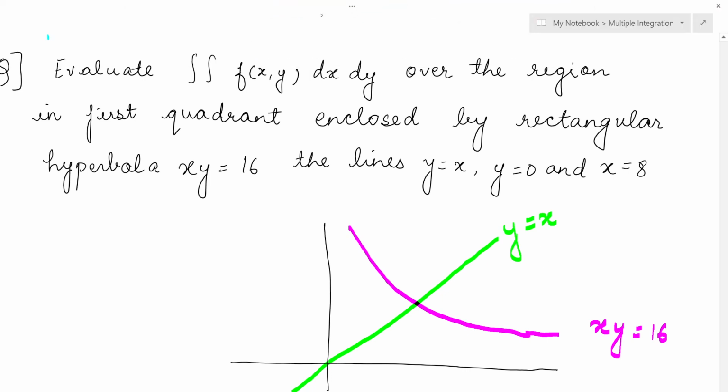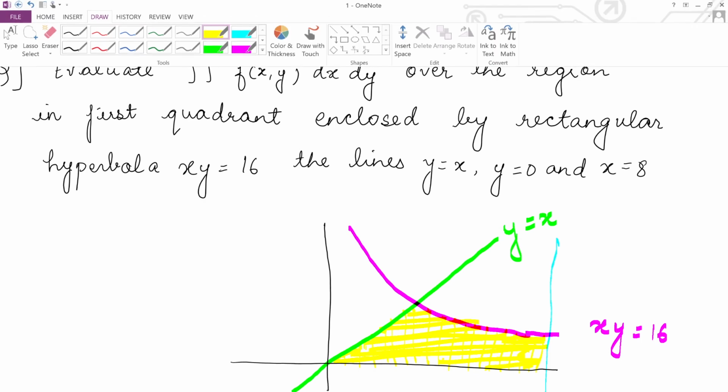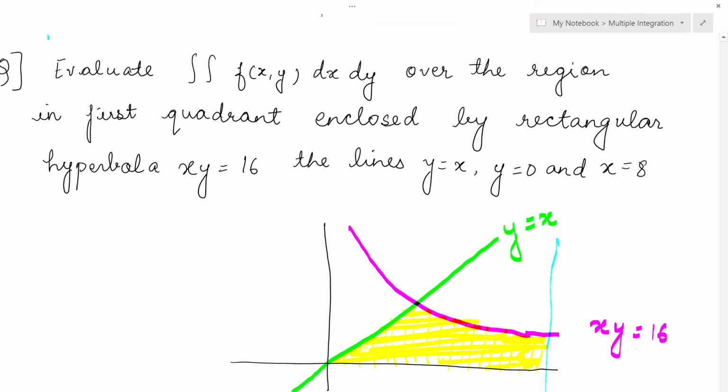Okay, so x is equal to 8 is a line parallel to my y-axis. So clearly the shaded region is what? Under these curves. So this is my shaded region. I have to find the area of intersection over here. Now let us consider a strip which is parallel to the y-axis.